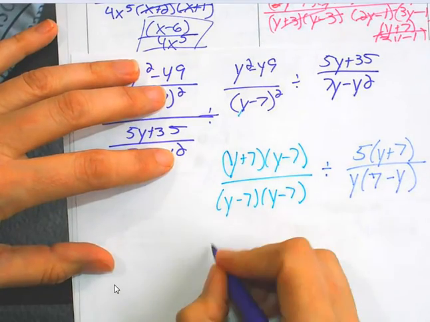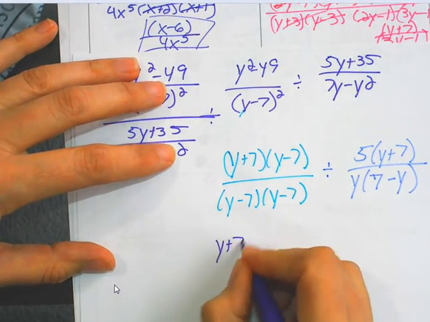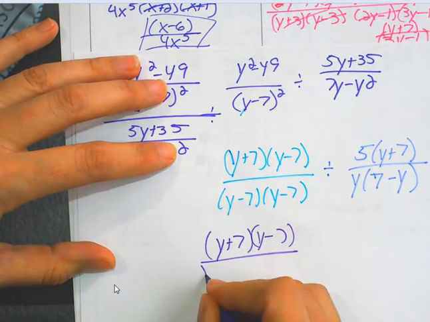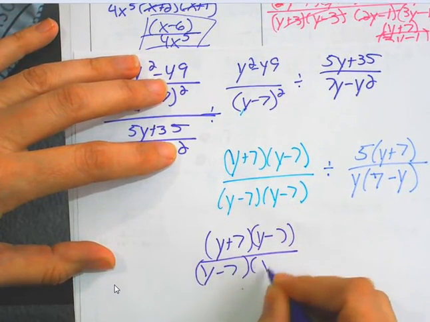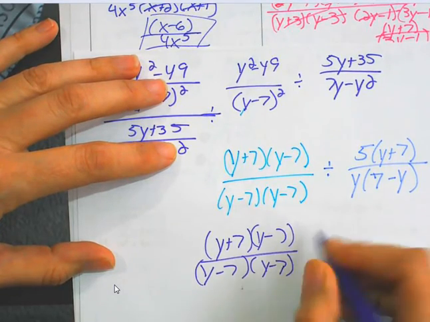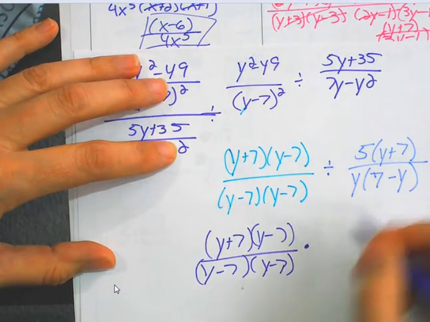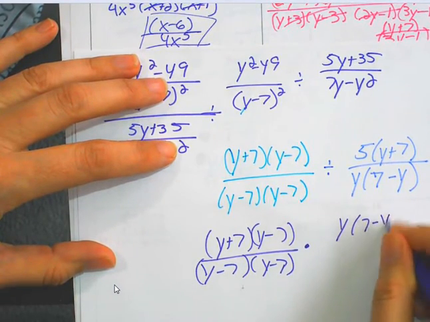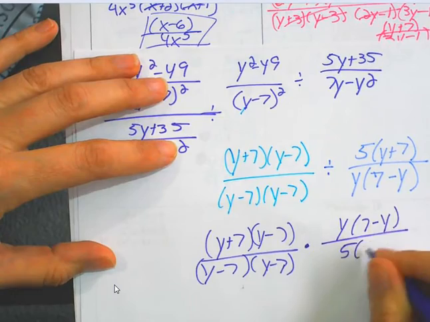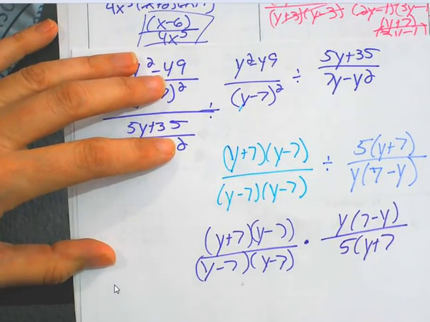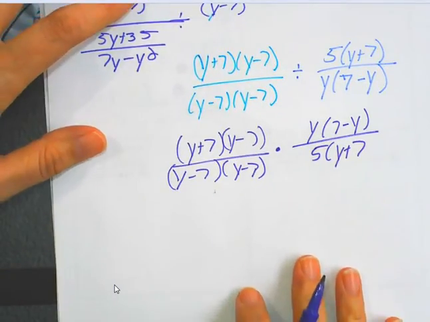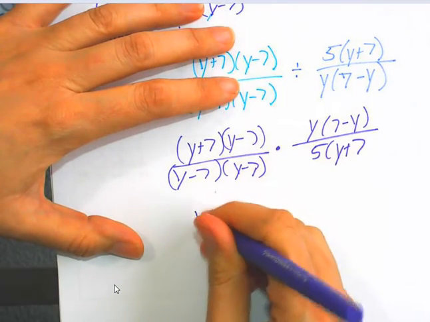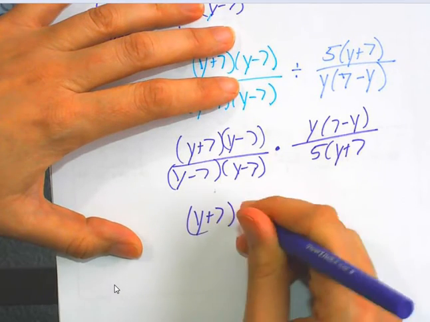All right, so we have divided by for this one, so we know we need to multiply times the reciprocal. So I'm going to just rewrite y plus 7 times y minus 7. On the bottom I have y minus 7 times y minus 7. And then I'm going to multiply times the reciprocal, so I'm going to flip: y times 7 minus y over 5 times y plus 7. When we multiply, we're just going to move these together without multiplying them back together for now, because we know there's going to be stuff that we can cross out.